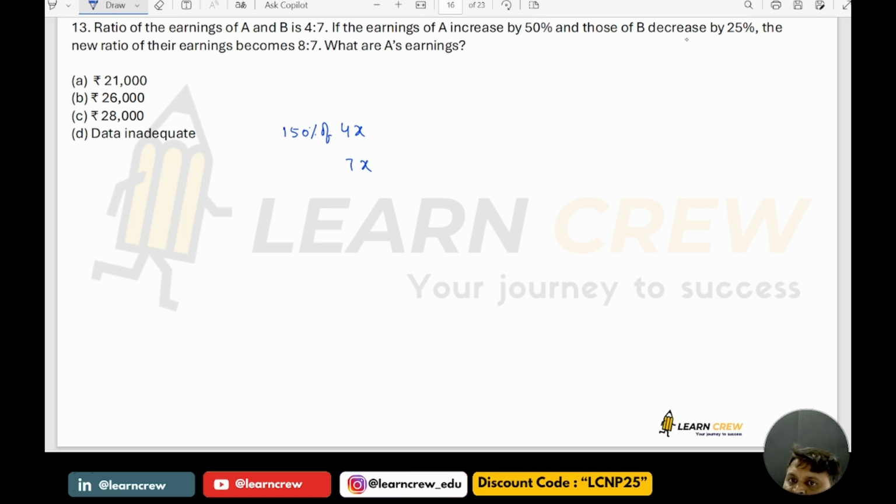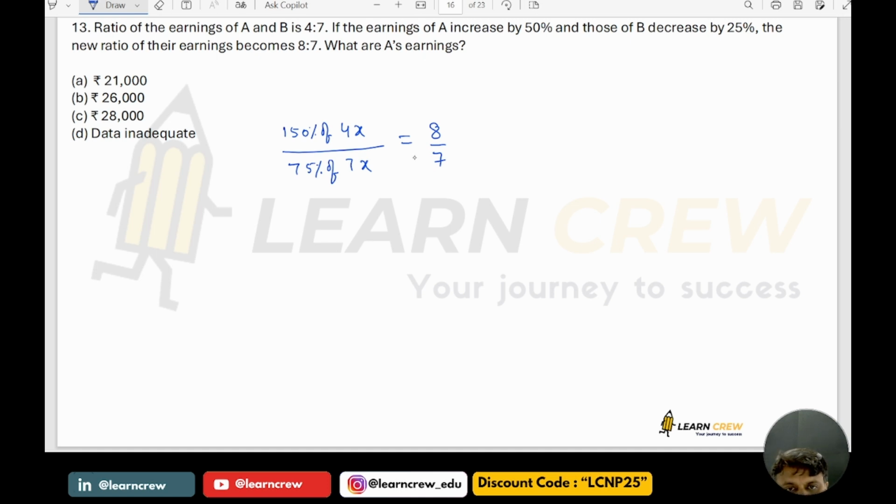And B's income decreases by 25%, so it becomes 75% of 7x. Then the new ratio of their earnings is 8:7.